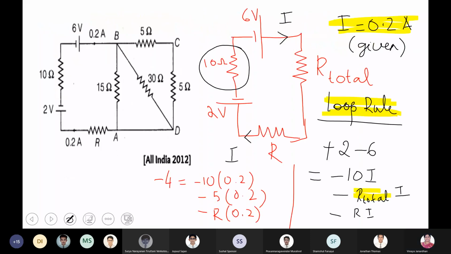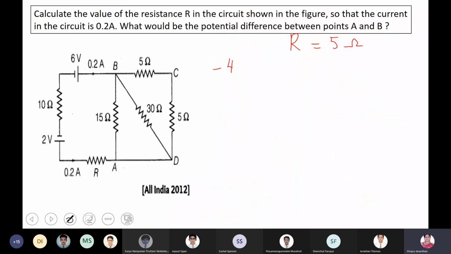Okay. So here, minus 4. One second, boys. Minus 4 is equal to minus 10 into 0.2, minus 5 into 0.2, minus r into 0.2.